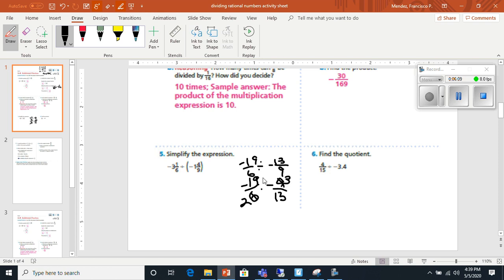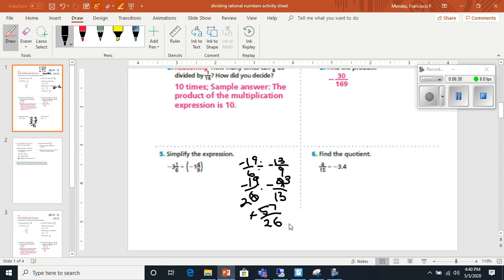Now I have negative 19 times 3 and 2 times 13. Well, negative 19 times 3 is going to give me negative 57. Actually, I have a negative times a negative, so it'd be positive 57. And that's going to be divided by 2 times 13, which would be 26.